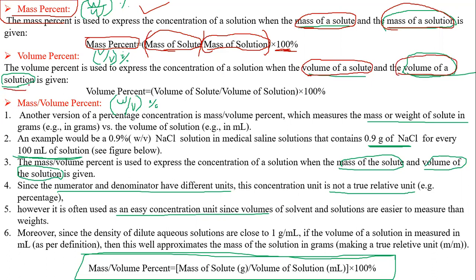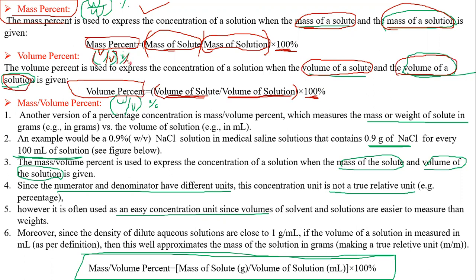Volume percent is given by volume of solute upon volume of solution, and this whole term is multiplied by 100. So that will become volume by volume percent.